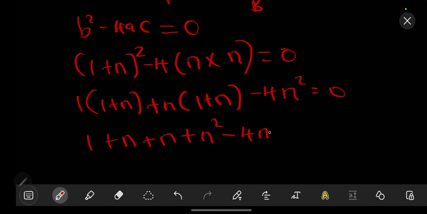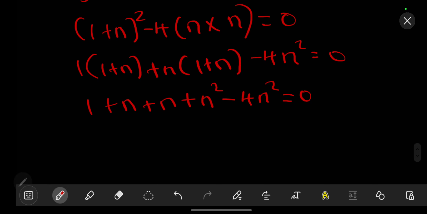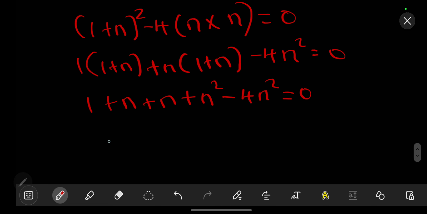Then we have minus 4n squared, which should be equal to 0. To simplify, n squared minus 4n squared is negative 3n squared. Then n plus n gives us plus 2n. Then we have just plus 1. I've just reordered it. Should be equal to 0.